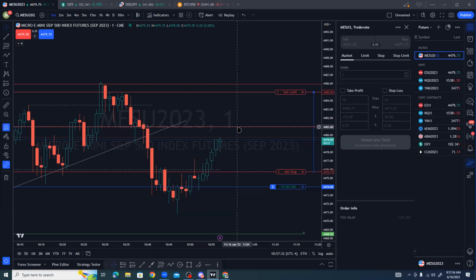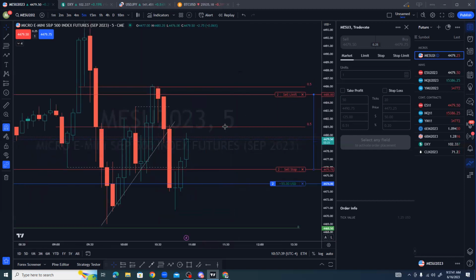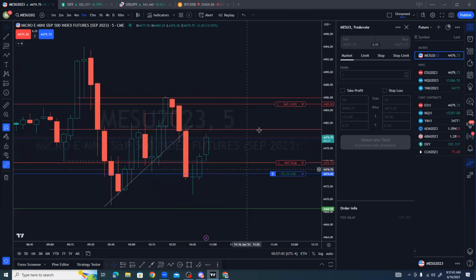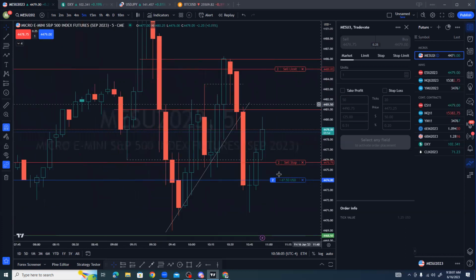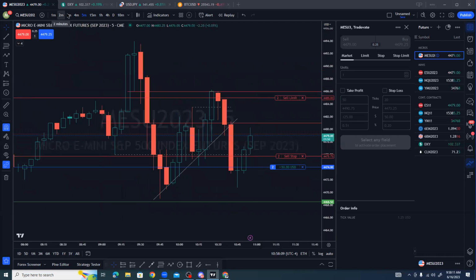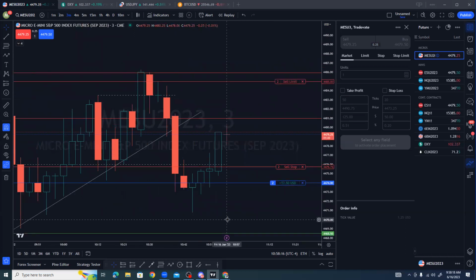Five-minute chart. Looks pretty solid. We're getting into the 10 o'clock hour, and this is the hour in which a lot of people, especially those that really do follow ICT and its strategies, are going to be looking for that 10 to 11 silver bullet setup.